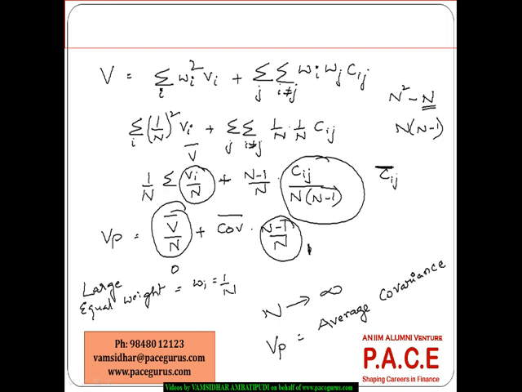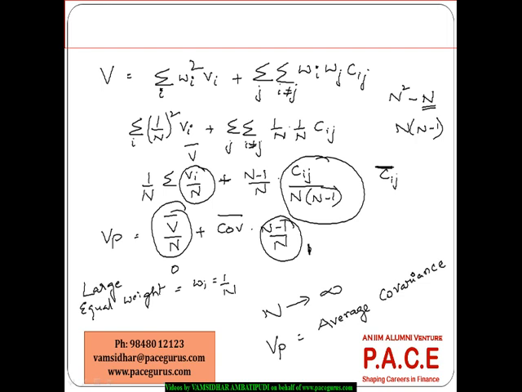So I am able to reduce the portfolio's variance drastically. The variance of the portfolio is becoming equivalent to average covariance. So individual securities-wise, the total variance is going to 0 as n is getting large.